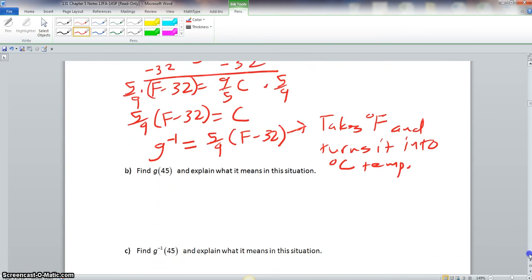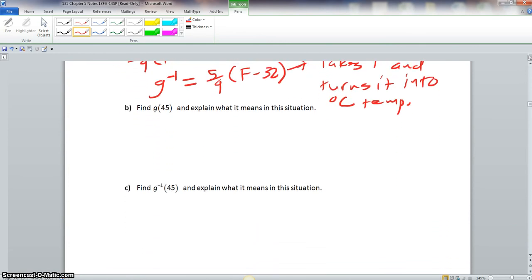we have B. It says find G of 45. Now what we need to do is go back into the original equation and substitute in 45. So remember, the Fahrenheit was equal to 9/5 times, well, actually I should put C, times C plus 32.